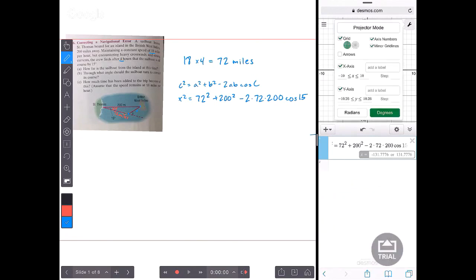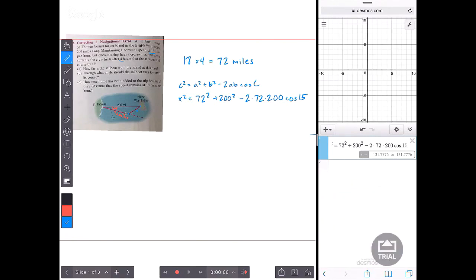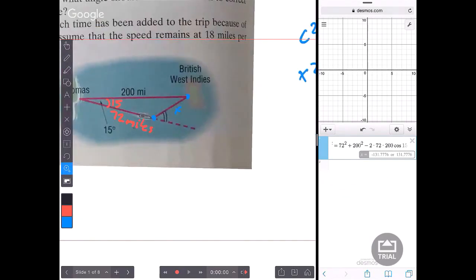Great. Degree mode, I am good. So 131.776 is this distance from the sailboat to the British West Indies. 131.78 miles.